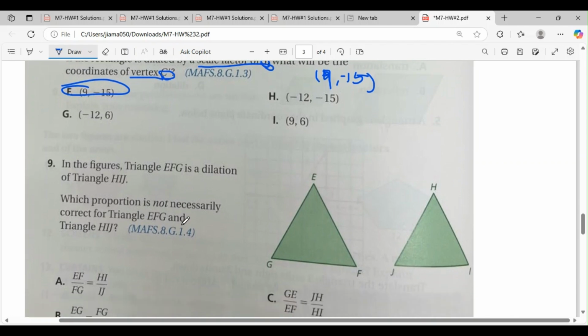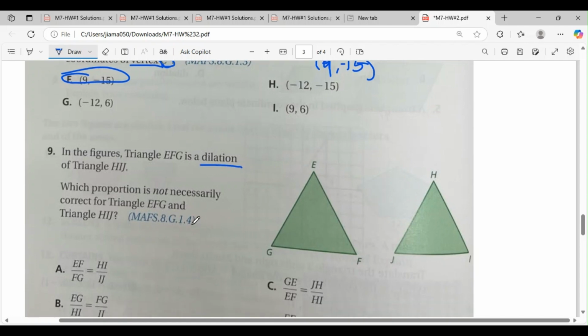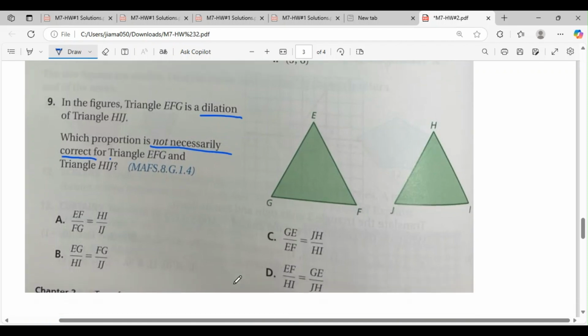Okay, number 9. In the figures, triangle EFG is a dilation of triangle HIJ. Which proportion is not necessarily correct for triangle EFG and triangle HIJ? Let's underline dilation and not correct.